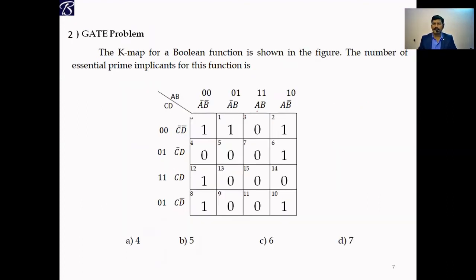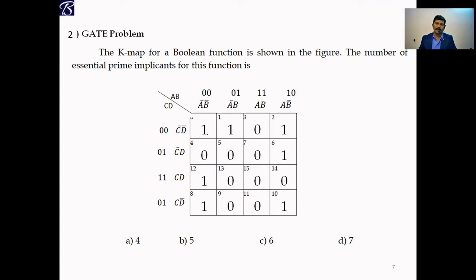Let us observe this GATE problem. The number of essential prime implicants for this function we need to find out. Coming to the first one, what are the maximum possible groups?